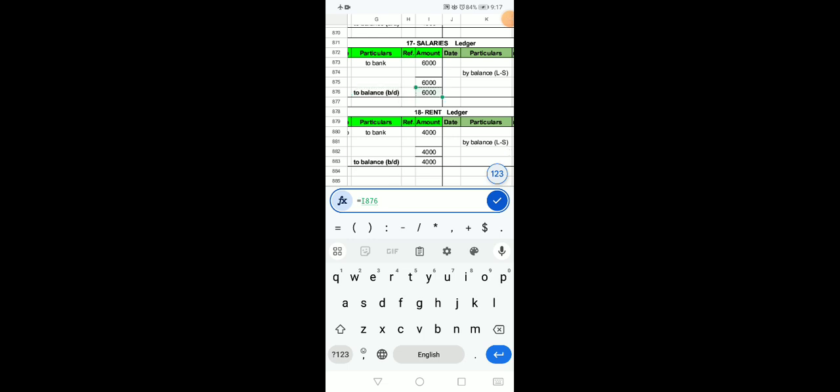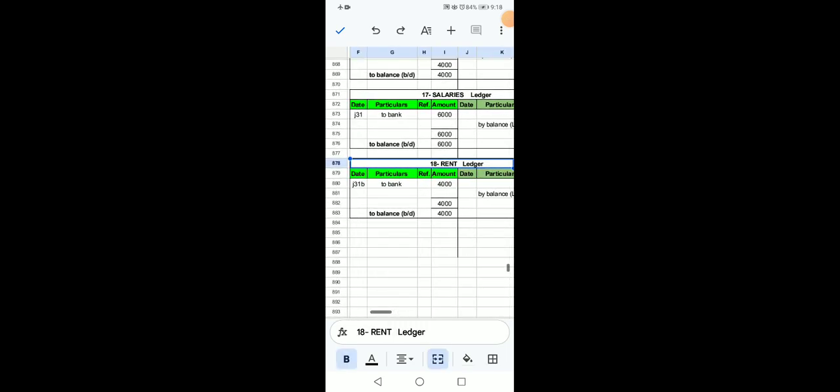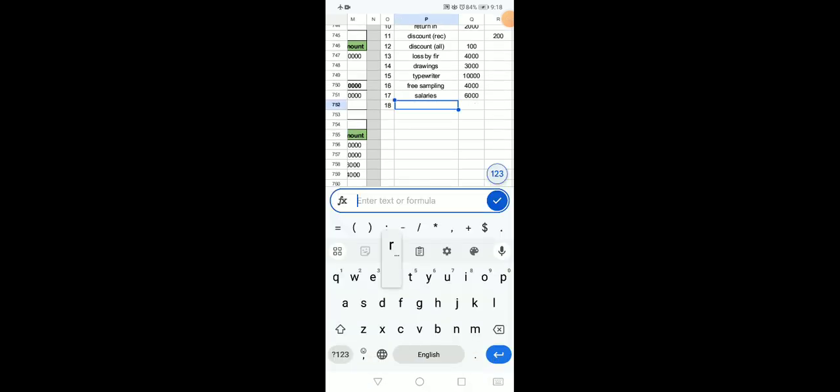So you will go to the trial balance, choose the debit side and write 6000 in front of salaries. Here 6000 in front of salary, and which side have you chosen? Debit. It's time to see the next ledger, which is 18. So go to the 18th ledger. This is rent. It's time to write down the title, which is rent. It is the 18th ledger.